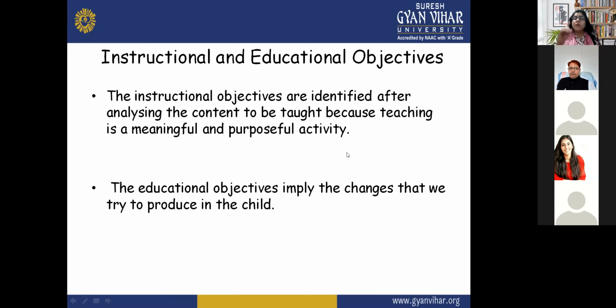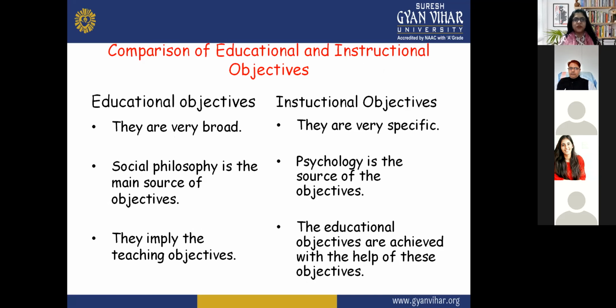But when we are talking about educational objectives, it is clearly related to the behavioral changes that we are expecting among our students. So this is the basic difference that you must remember when you are having the idea of instructional and educational objectives. So let's have educational objectives and instructional objectives in a comparison mode.